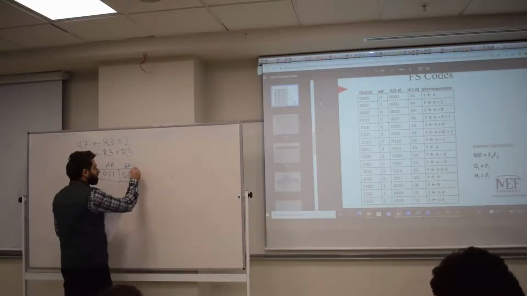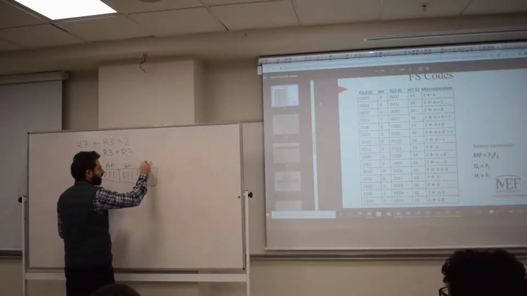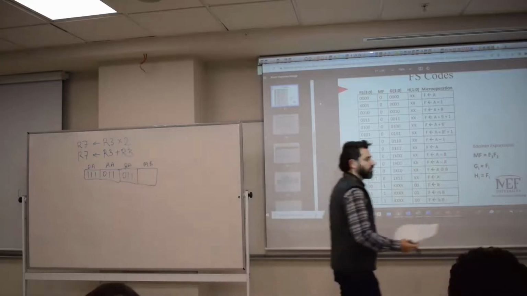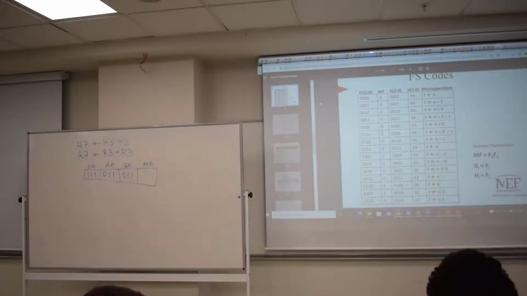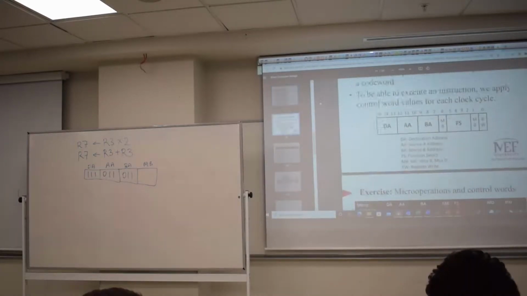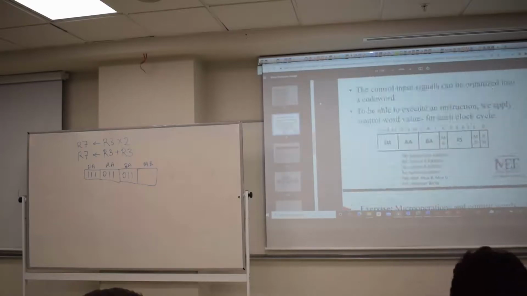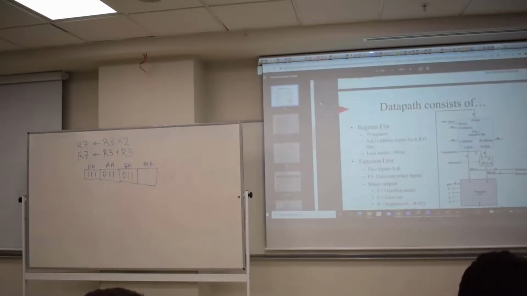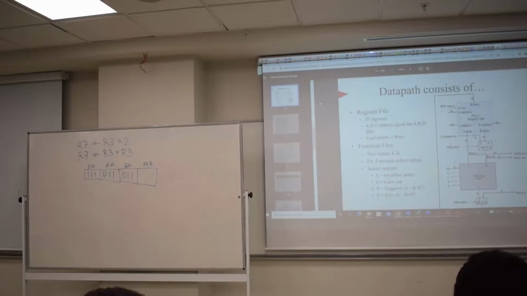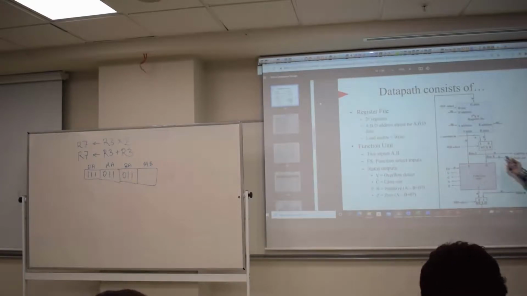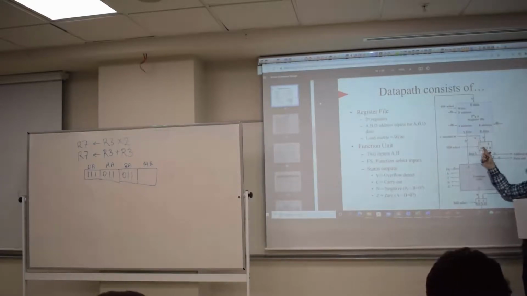And the next is MB. In order to remember what MB was, I don't even memorize it myself. So I urge you to look at the data path to be able to figure out what's happening. MB is the mux that determines whether a constant n is going into the system or something that you're getting from the register file.